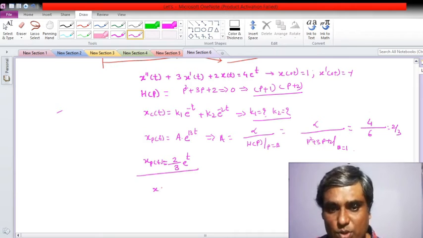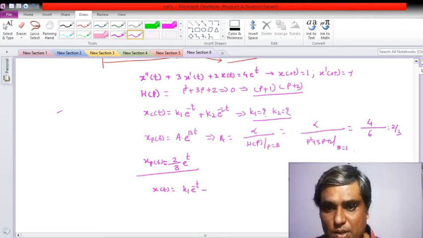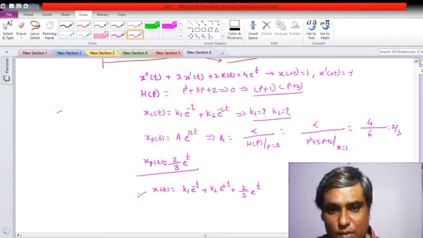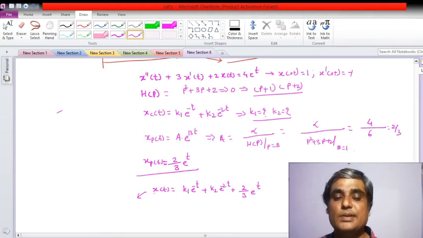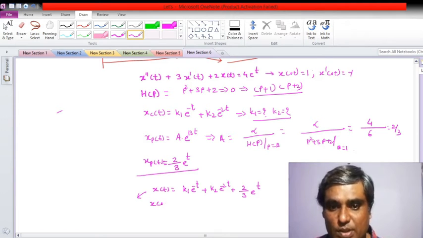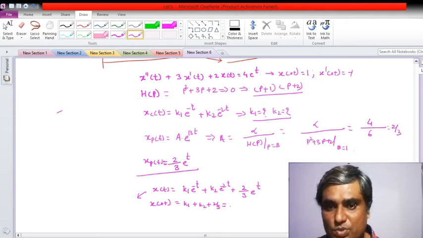So what will be my total solution? x of t will be the complementary solution, which is k1 e raised to minus t plus k2 e raised to minus 2t, plus 2 by 3 e raised to plus t. Okay, now after obtaining the total solution, you evaluate for the initial conditions. Let us evaluate at 0 plus, so it will be k1 plus k2 plus 2 by 3, which is 1.